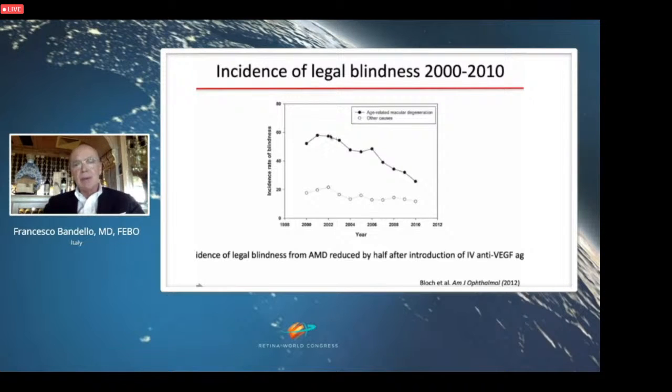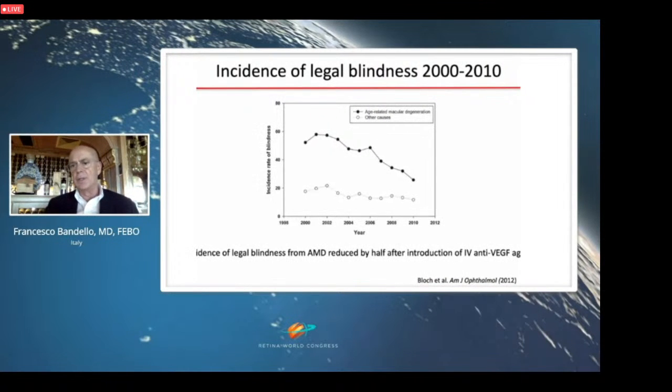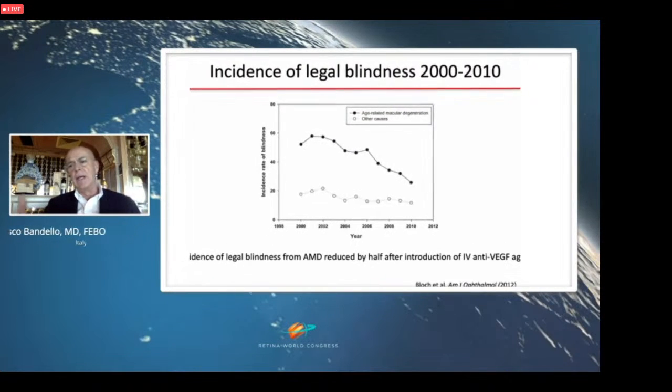So this reduction is important because it's the evidence that we are now doing a lot for our patients.